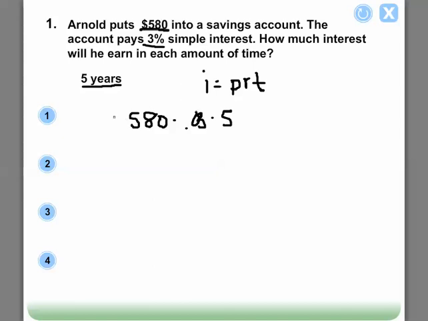And that's going to equal I. How much interest will he earn in 5 years? Let's put this all together. We have 580 times 0.03 times 5, and we should get 87. So he earns $87 in those 5 years.